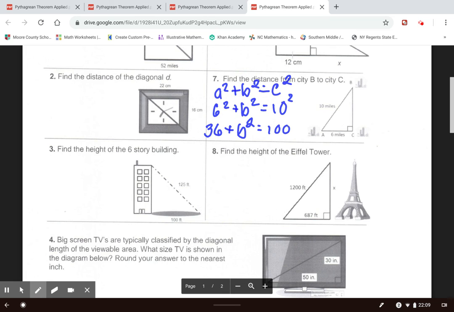All right, so same thing. I subtract 36 from both sides. And then I find the square root of b squared.